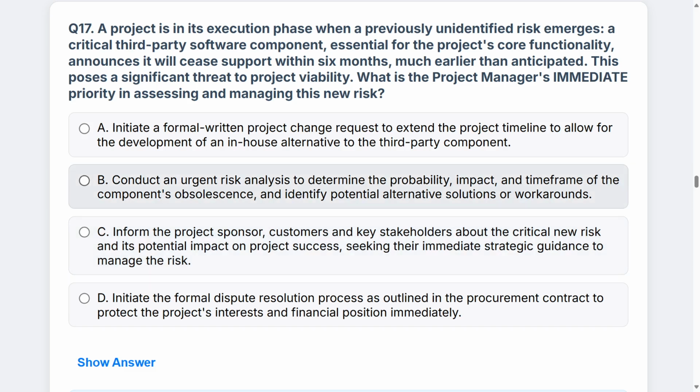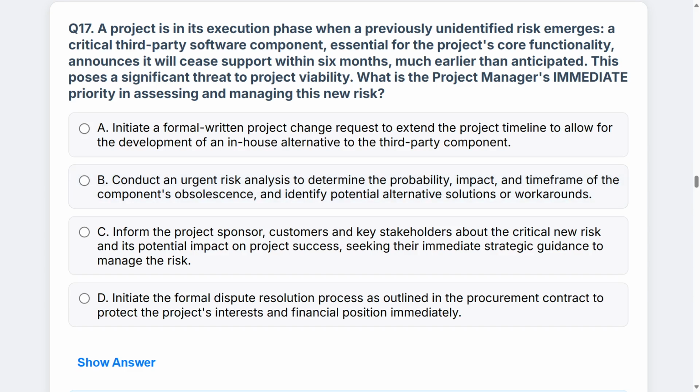Let's go to option B. Conduct an urgent risk analysis to determine the probability, impact, and time frame of the component's obsolescence and identify potential alternative solutions or workarounds. Now, while this sounds like a good option, what jumps out at me is it's saying determine the probability.